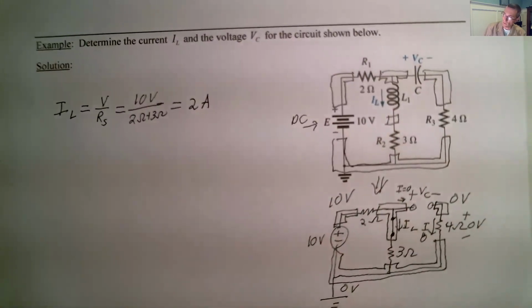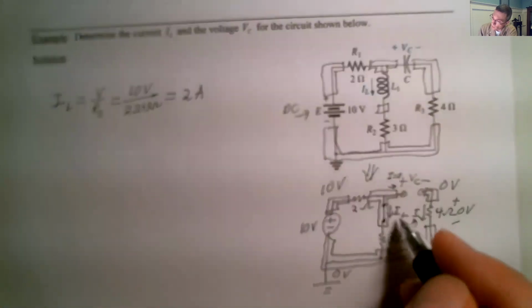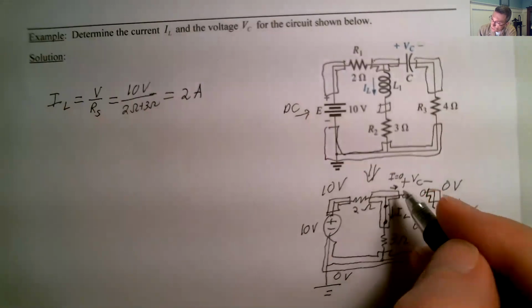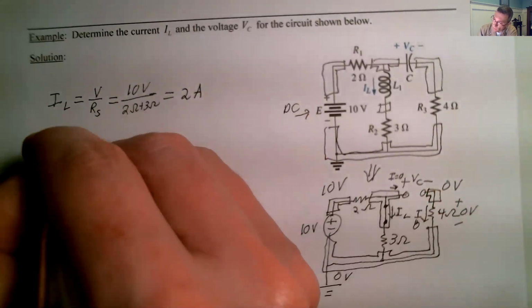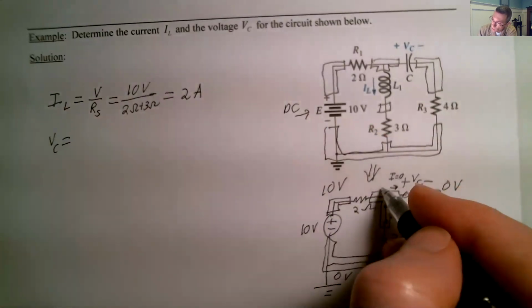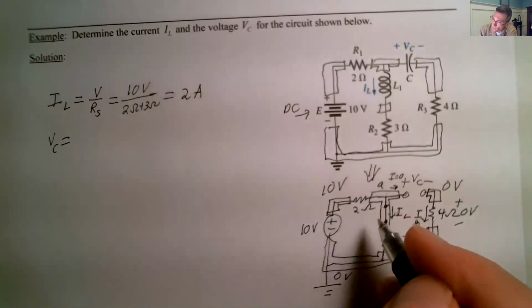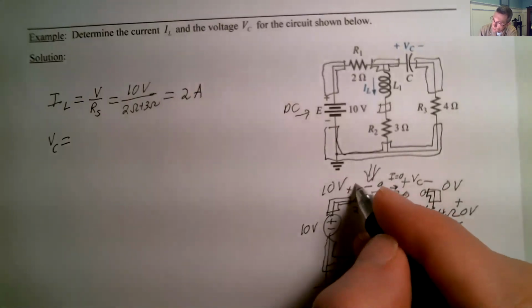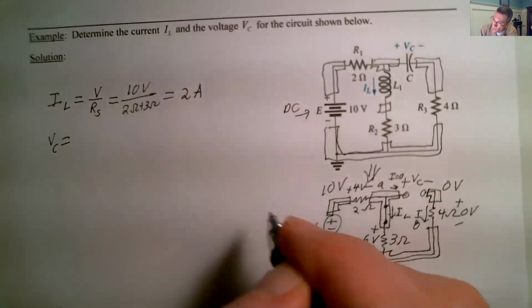Now we've got the 2 amps there. If there's 2 amps going in IL, VC is over here. VC is between this node and ground. So what's the voltage there? We can call it node A. You can do it any number of ways. Current through there is 2 amps, so that's going to have 4 volts across it. And this has 2 amps through it, so that's going to have 6 volts.